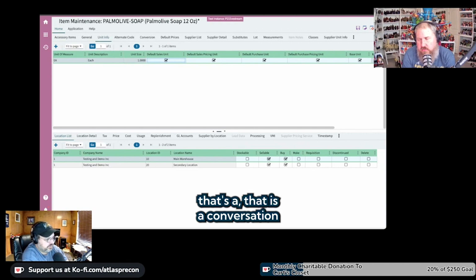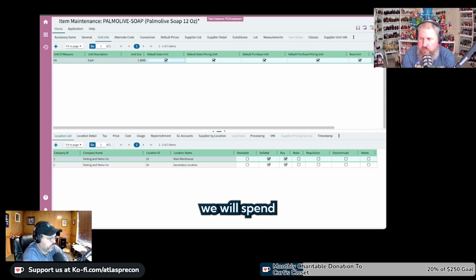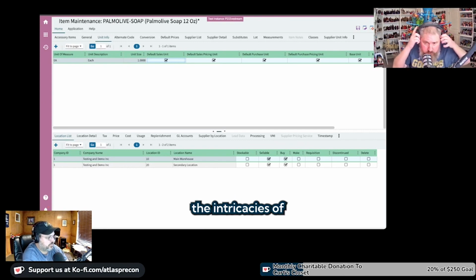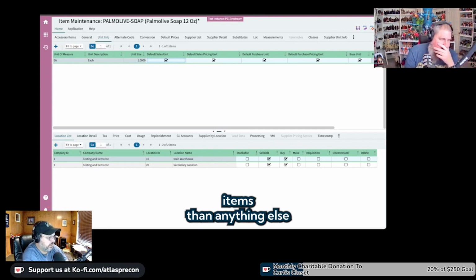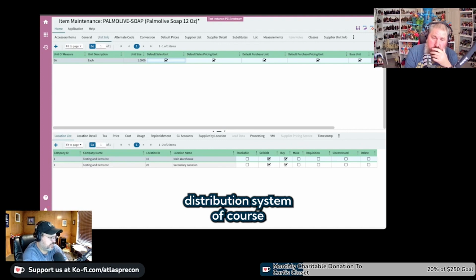I think that is a conversation that, when it comes to setting up, I bet you in a pre-implementation consulting scenario, we will spend more time talking about how you're going to set up the intricacies of items than anything else, just because it underpins everything. It's a distribution system. Of course it underpins everything. That's what distribution is.